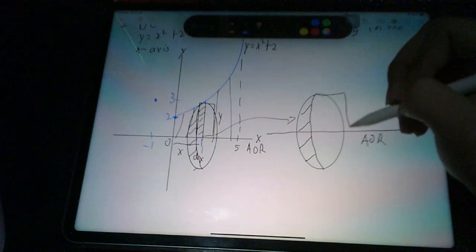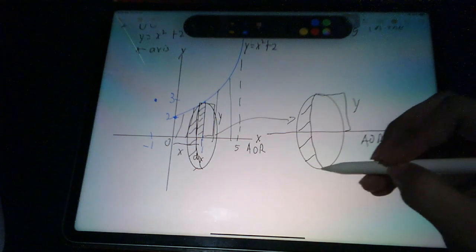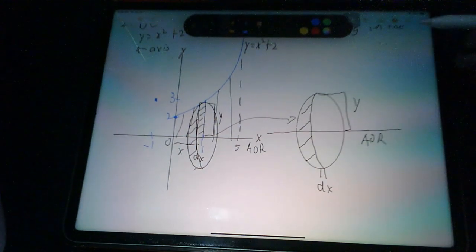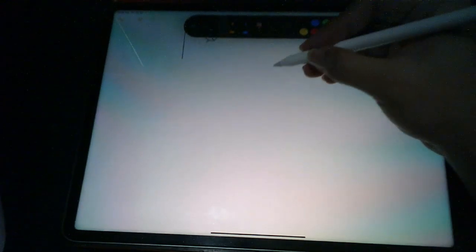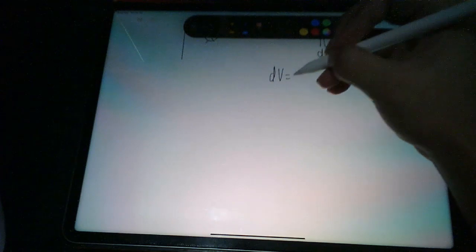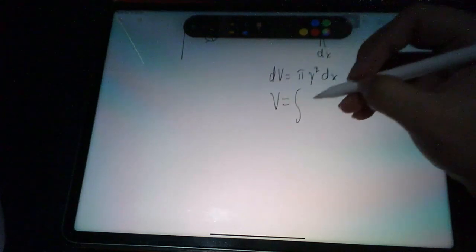This is y, which is our radius, and this is dx. dx here is the height of our cylindrical disc. So the differential volume is equal to pi y squared dx. So the integral of volume is equal to the integral of pi.